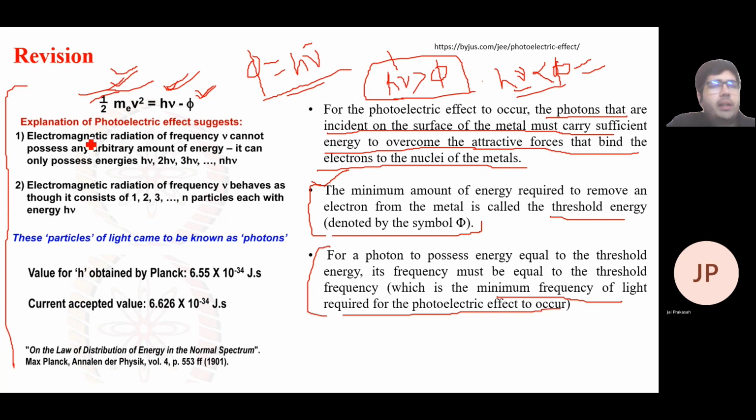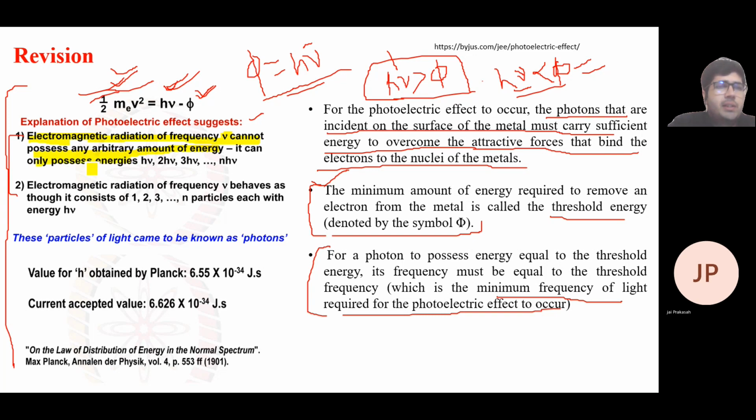So the explanation of the photoelectric effect suggests two important points. First, electromagnetic radiation of frequency nu cannot possess any arbitrary amount of energy.